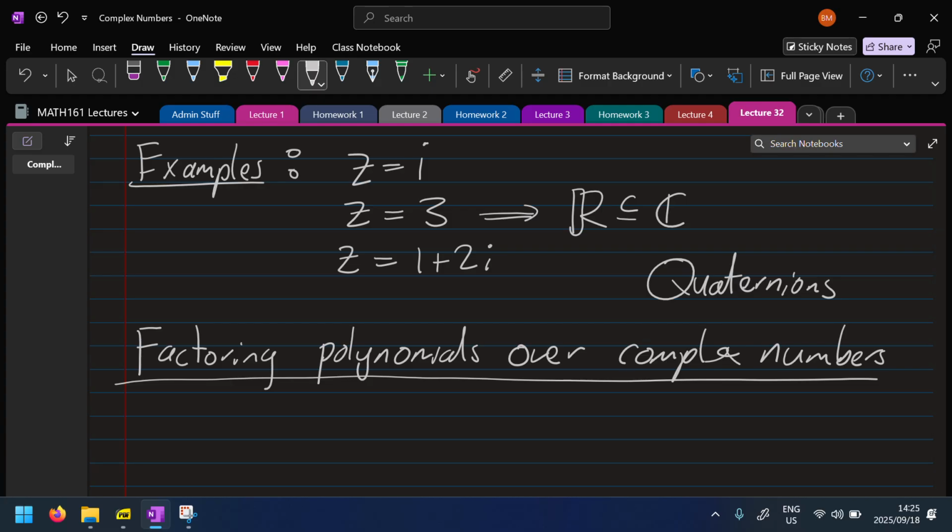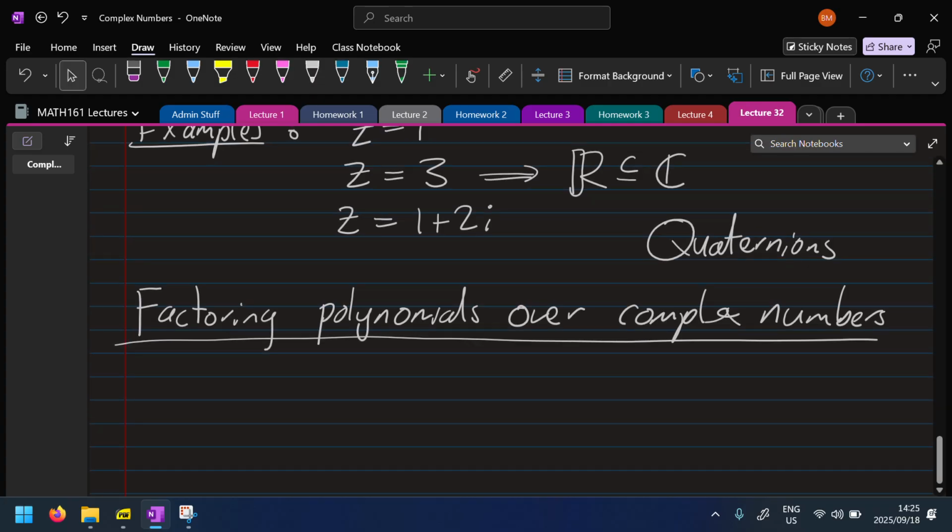That was over real numbers, but I never said factor the polynomial over the real numbers. We just took that as a given, right? You use your quadratic formula, you got your answer. Now we're going to be very specific, and we're going to say we're factoring the polynomial over complex numbers, which means that we're going to have some complex solutions as well as the real solutions from last year.